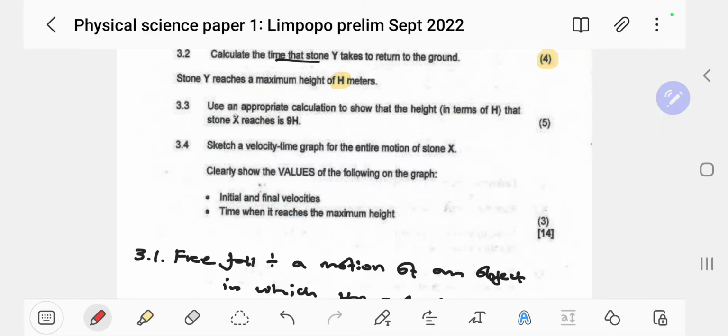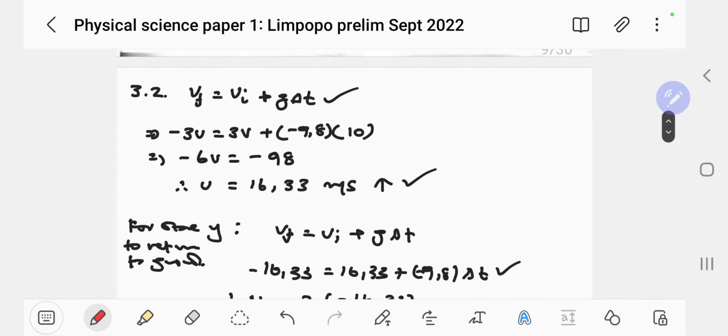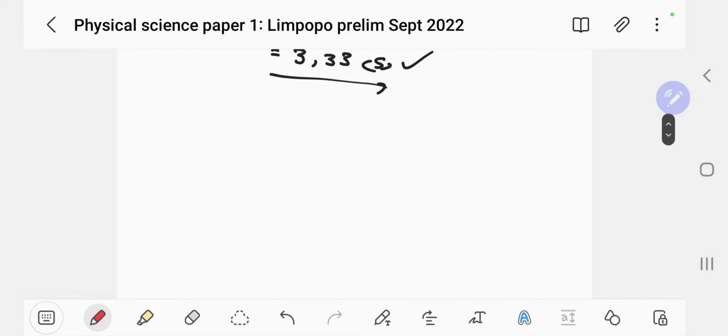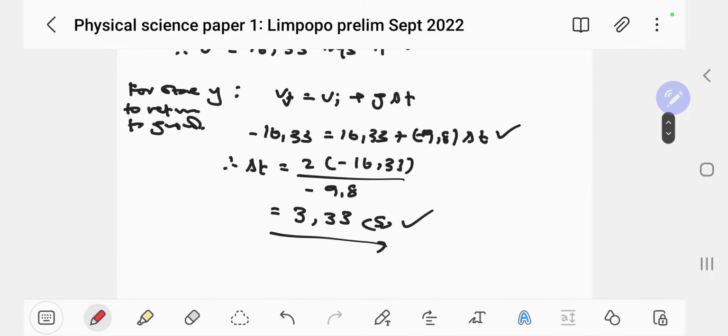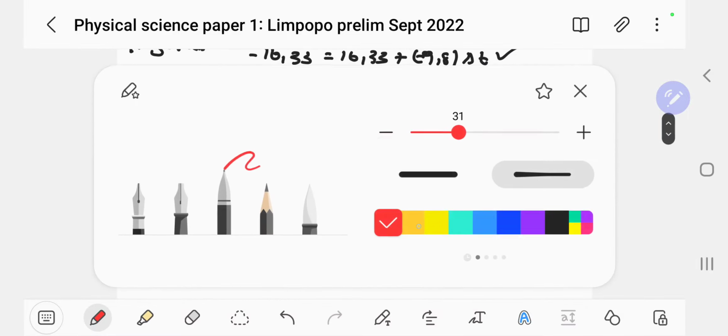Now it says use an appropriate calculation to show that the height, in terms of h, that stone X reaches is 9 times that one. Not a problem guys, this is not a big deal at all. So this is 3.3, I guess.